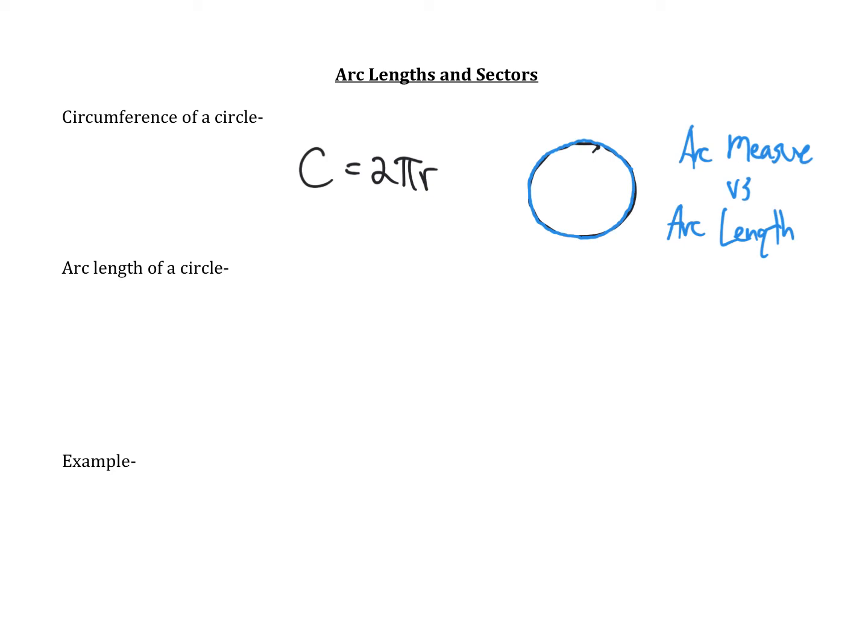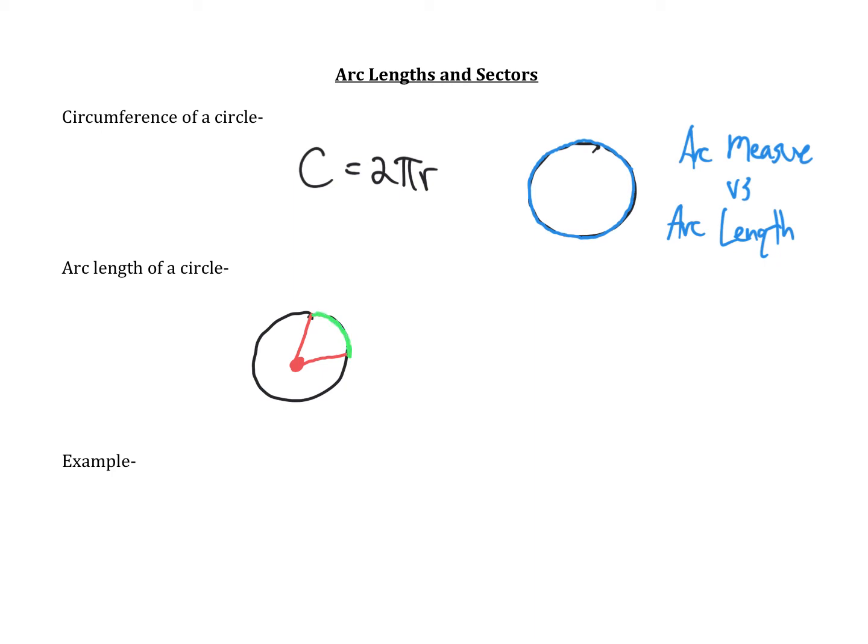So that's circumference. Circumference is like all the way around the circle. So arc length specifically is just a portion of the circumference, right? So, for example, maybe I have a central angle here, and it forms an arc. The arc length would be the portion formed by that central angle.